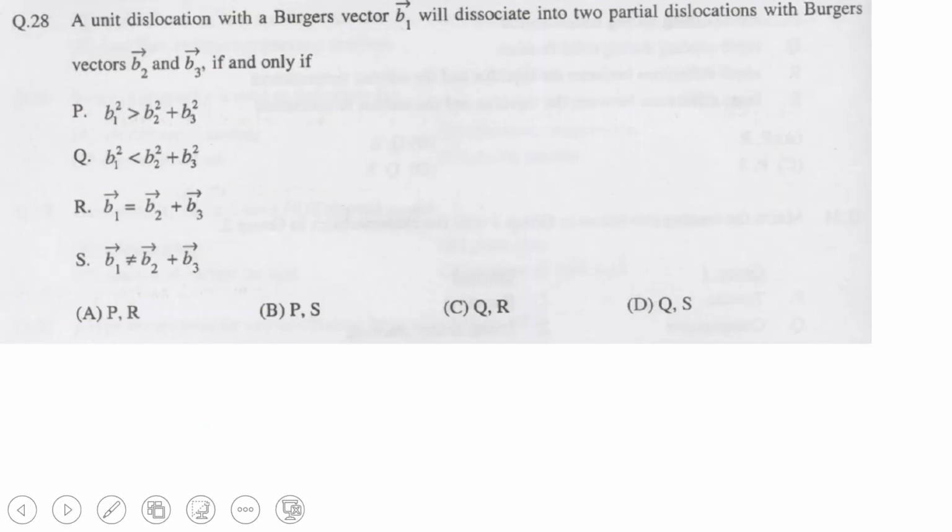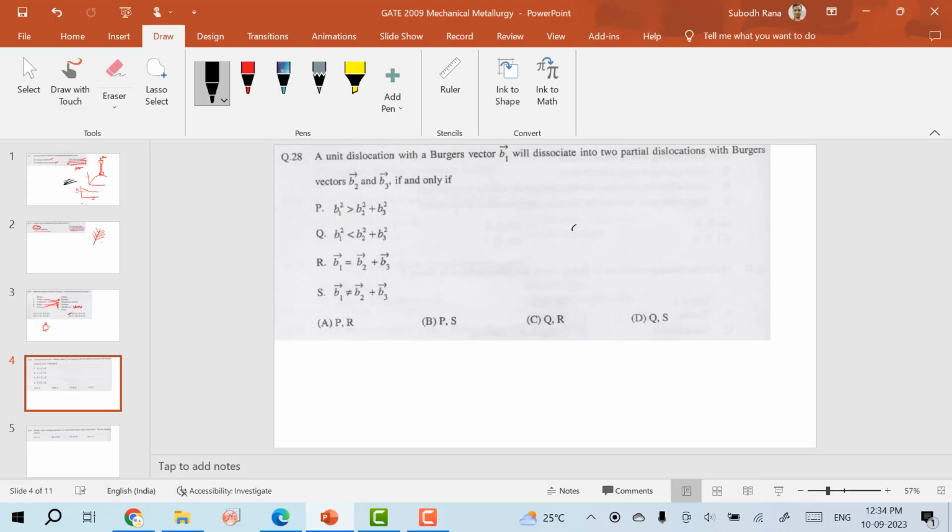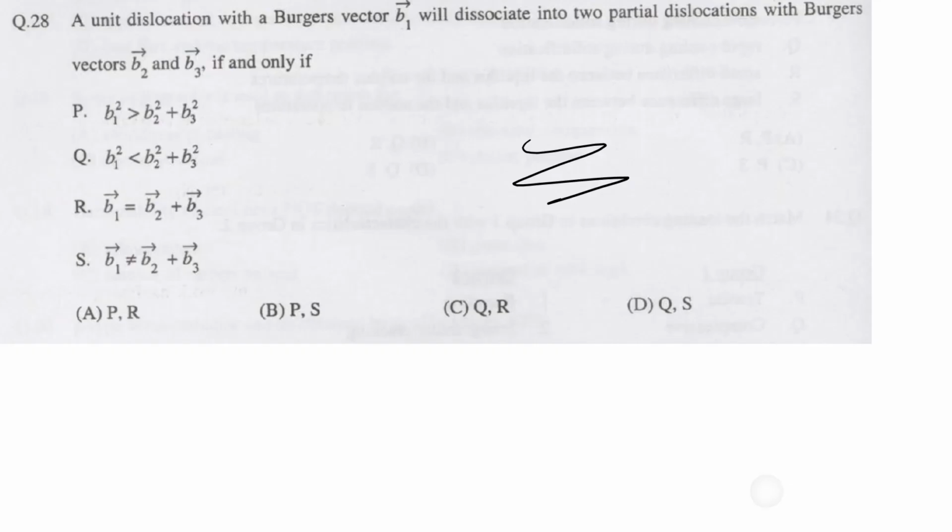Next, a unit dislocation with a Burgers vector B1 will dissociate into two partial dislocations with Burgers vectors B2 and B3 if and only if. So we know that energy in the reactant side should be greater than the product, so that's why it will form, because to decrease the energy, right?